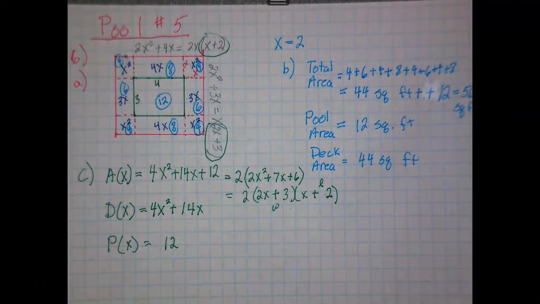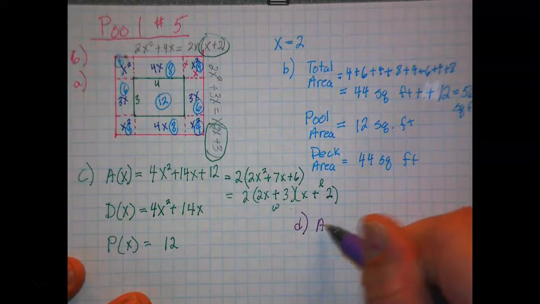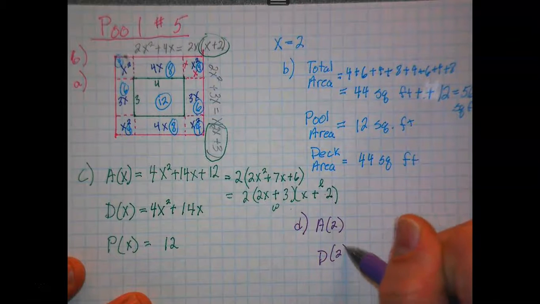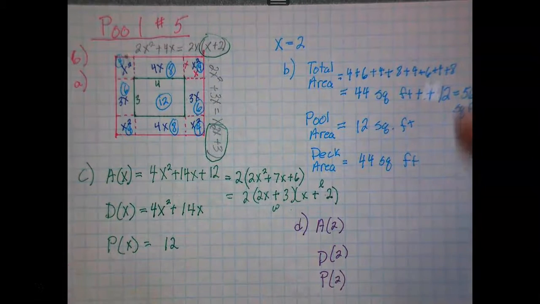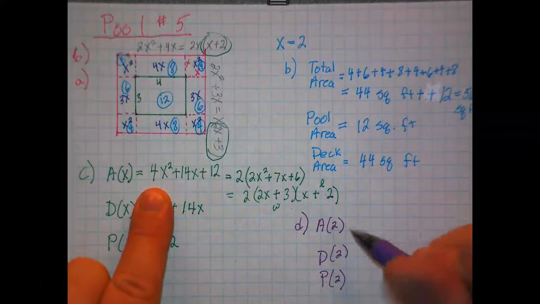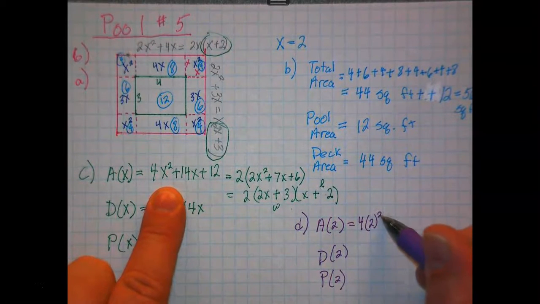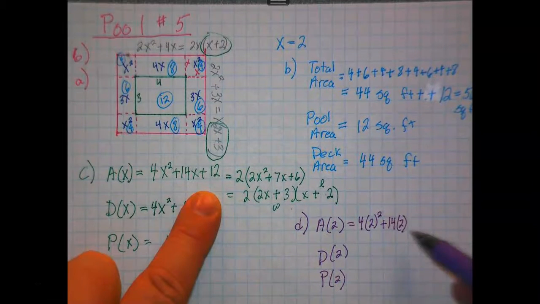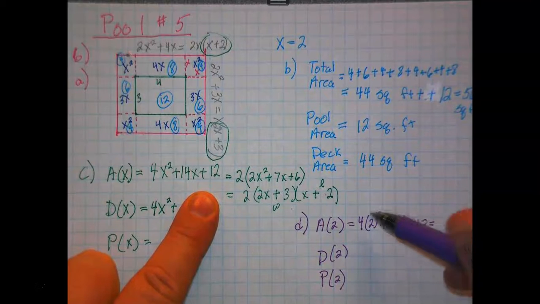Okay, D. D is just to confirm everything. So I got to find the A of 2, the D of 2, and the P of 2. A of 2, I have 4 times 2 squared plus 14 times 2 plus 12, and I better get 56.